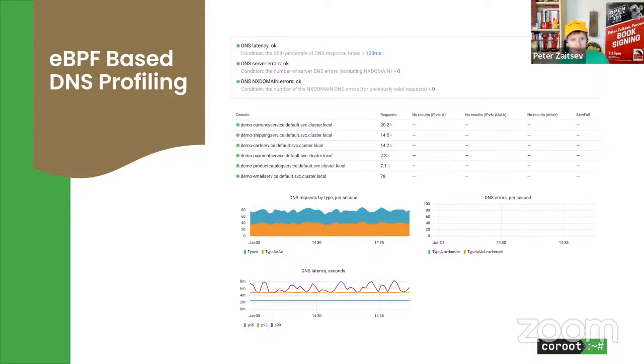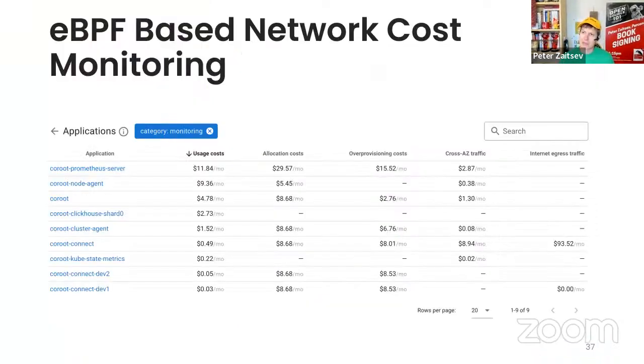So if DNS goes down or becomes slow, that impacts the whole system, but it will not be visible to observability systems which are only looking at the connections, because if DNS doesn't work, we don't know where to connect to.